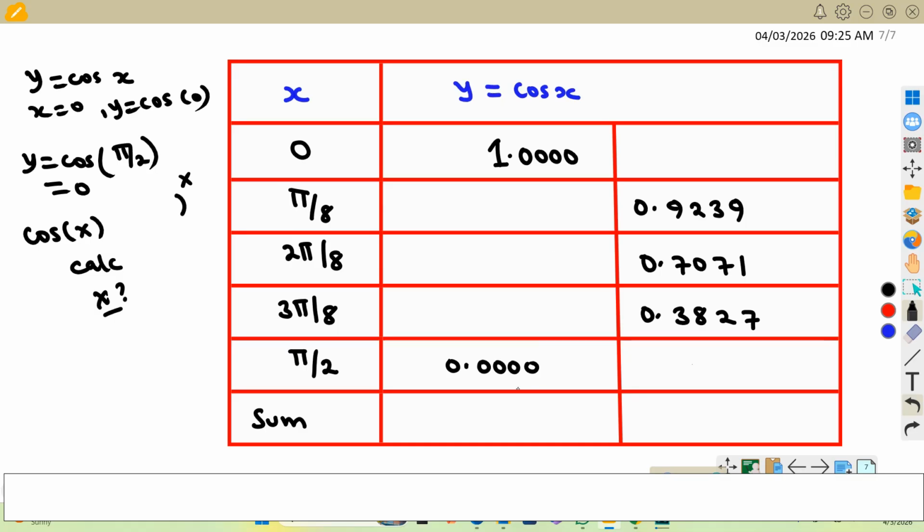So the sum will be this plus this, which will still be 1. Then you get this, that is 0.9239. Add there 0.7071. Add there 0.3827.